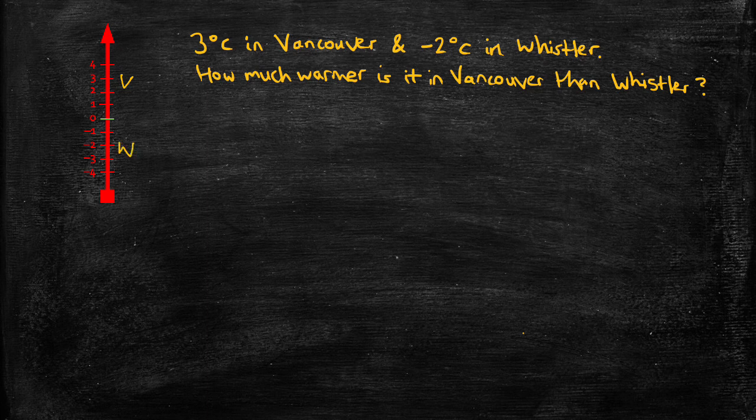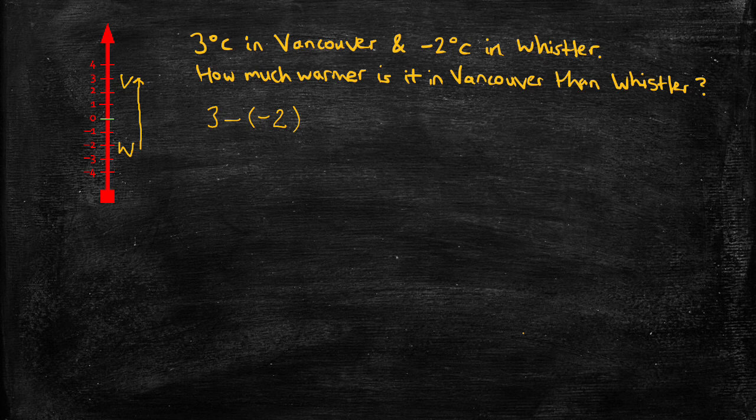And so what we're asking here is essentially, what is the difference between the Vancouver temperature at +3 and the Whistler temperature at -2? In other words, if we're in Whistler and then we go to Vancouver, how much does the temperature increase? So what we're doing is 3 minus -2.